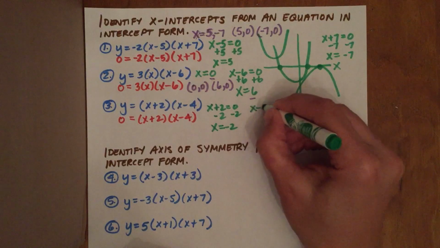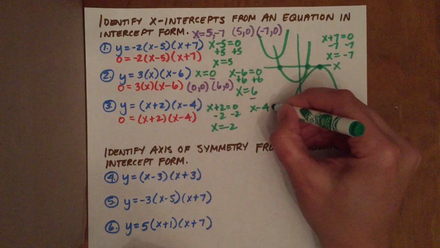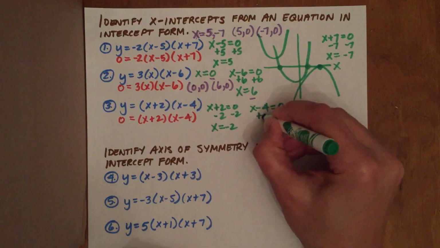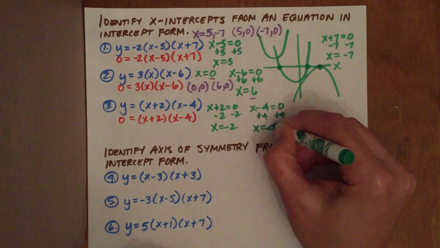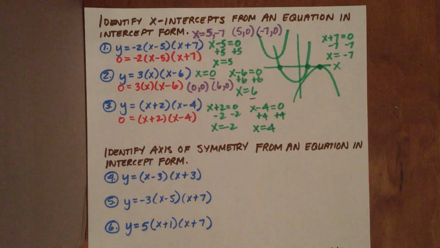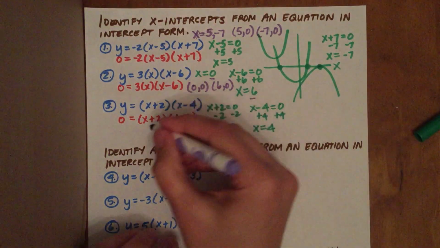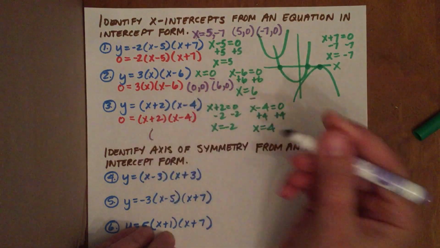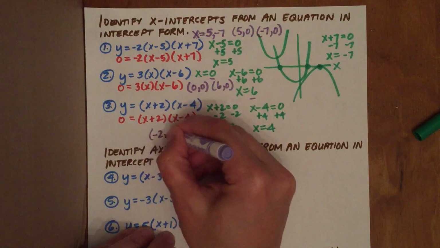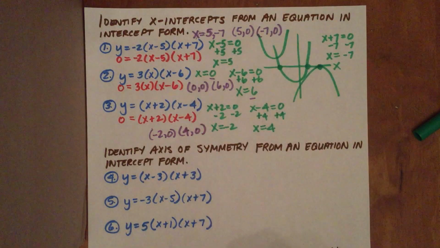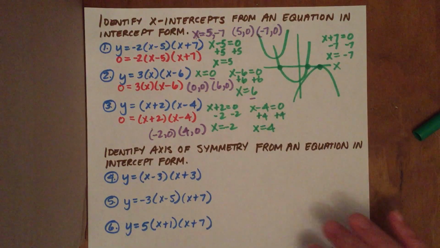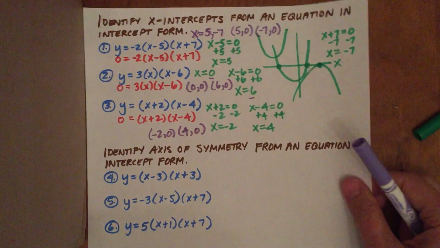The other option is to make x minus 4 the 0 term, so I'm going to add 4 to both sides. So x equals 4. Those are my two roots for this example. Therefore, I have (-2, 0) and (4, 0). And that is how we determine the roots of a quadratic using intercept form. So let's move on to the next example.